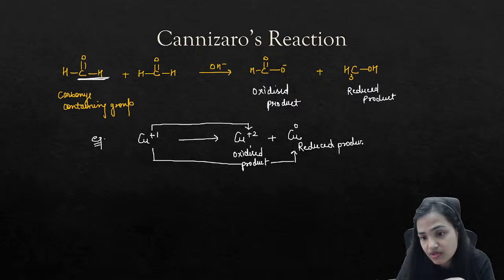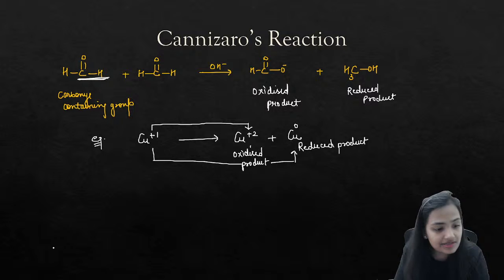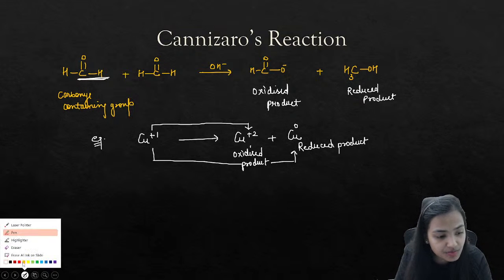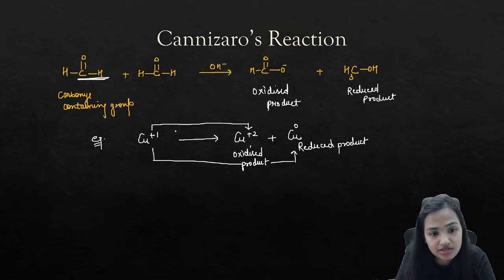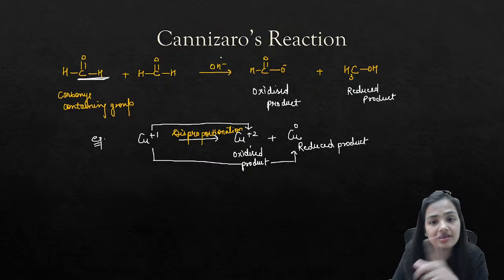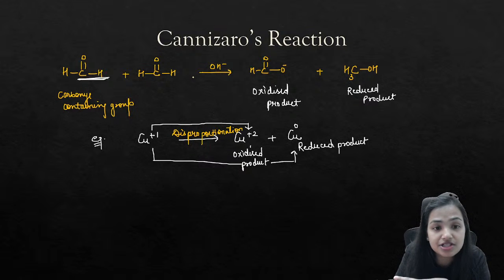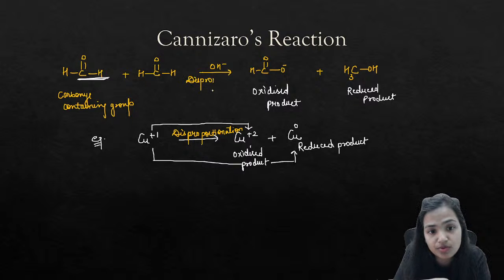So if you focus on this, what does this mean? This simply means that this copper is undergoing a disproportionation reaction. Similarly, the Cannizzaro reaction forms the disproportionated product. So here this is also disproportionation.